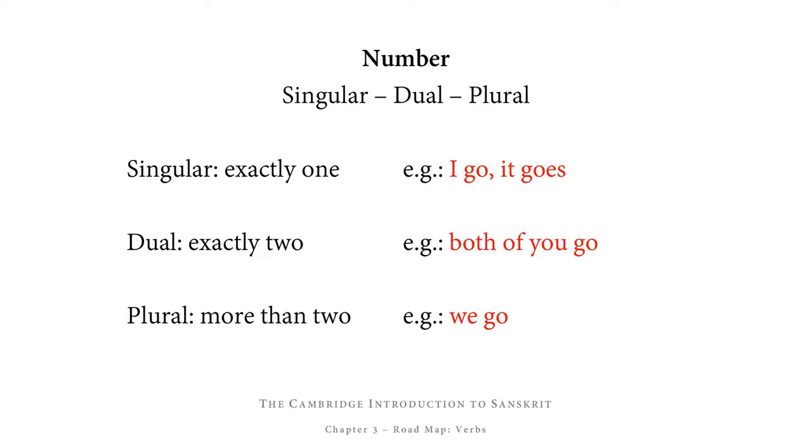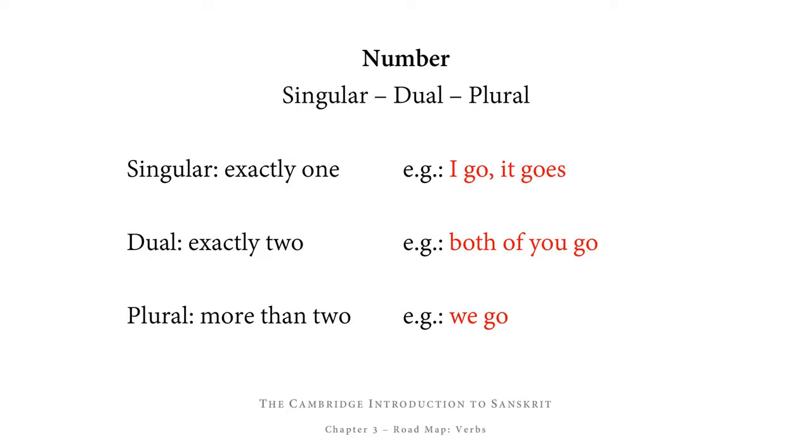Next up is the category of number. Now, number, of course, is an everyday English word, but here we're using number as a technical grammatical term. And there are three numbers that we need to know for Sanskrit, and these are singular, dual, and plural. So the singular expresses that exactly one person is doing something.